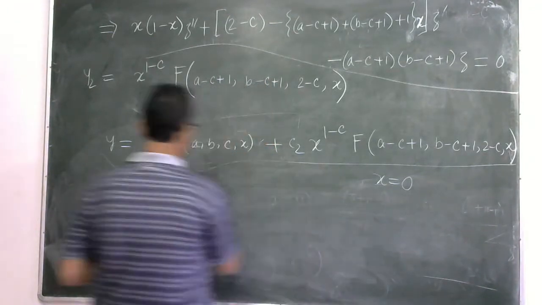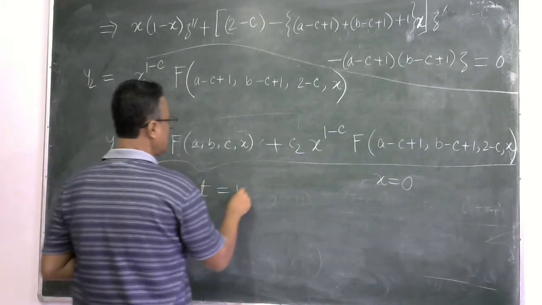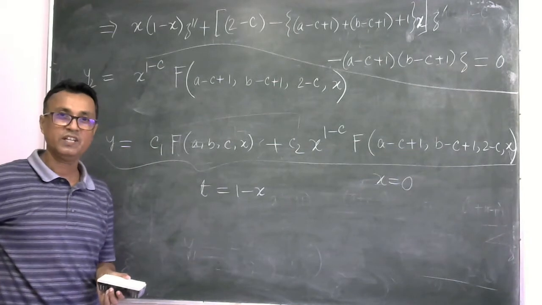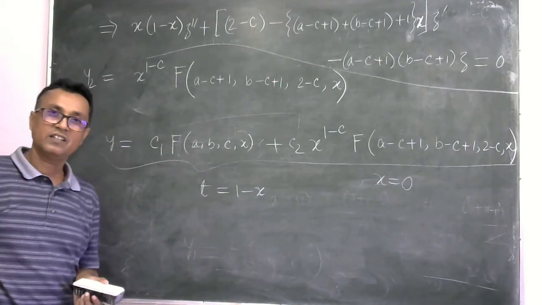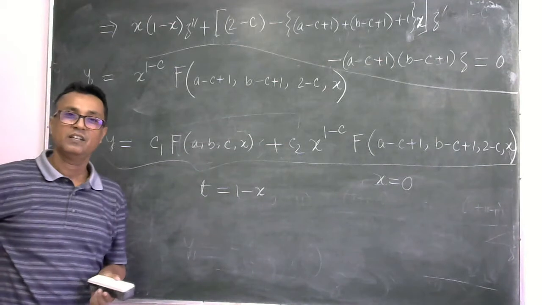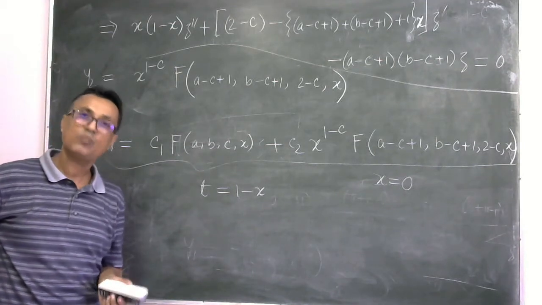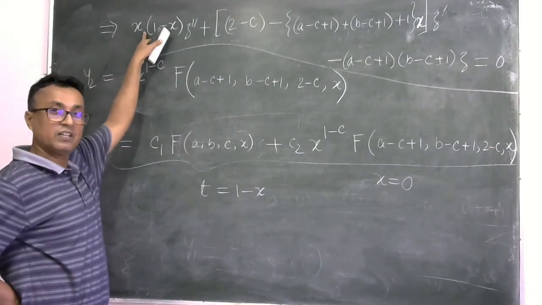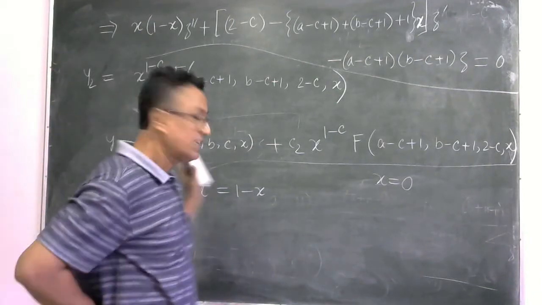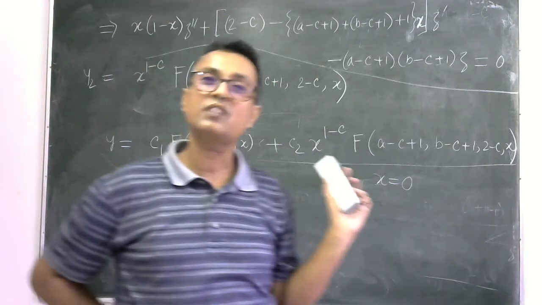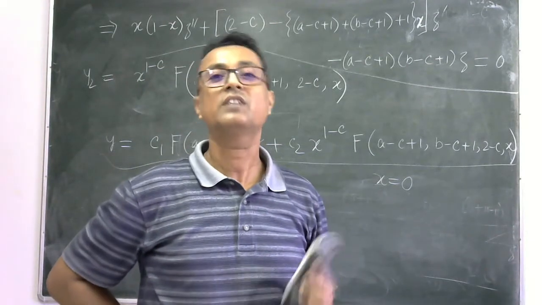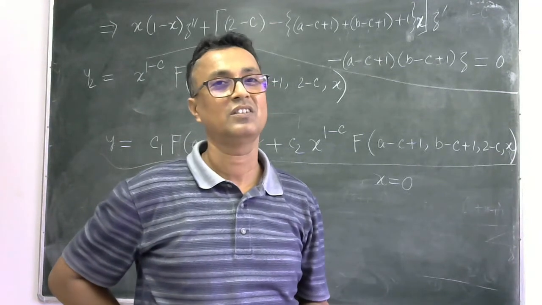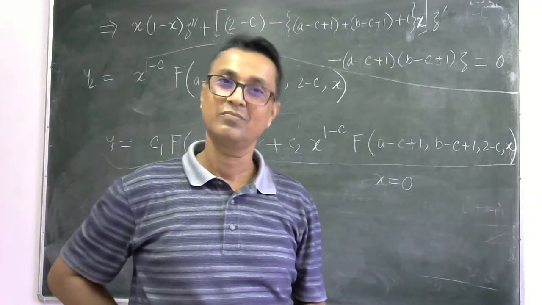Suppose I am using t equal to 1 minus x as my transformation. If I can get a Gauss's hypergeometric equation in the variable t instead of x, then a series solution about t equal to 0 is going to be equivalent to a series solution about x equal to 1. Got it?